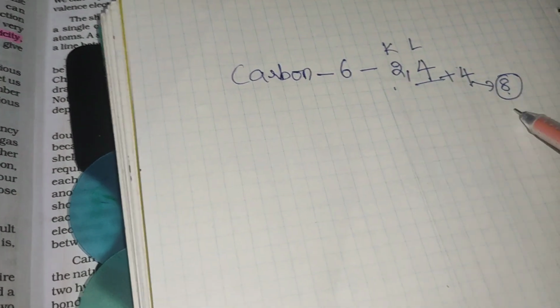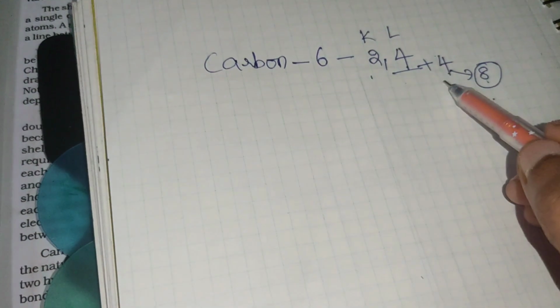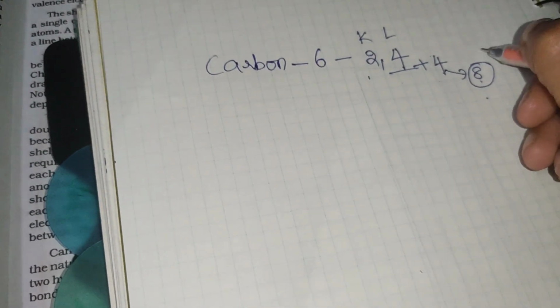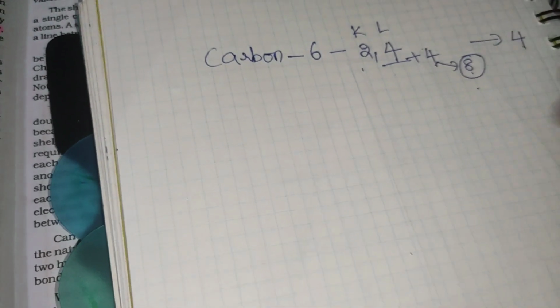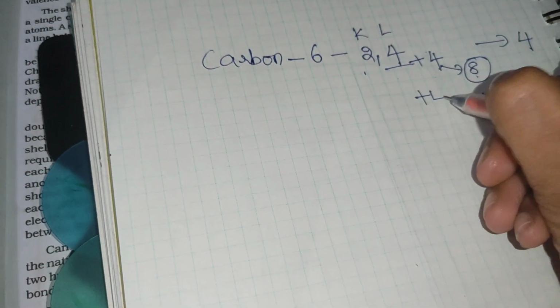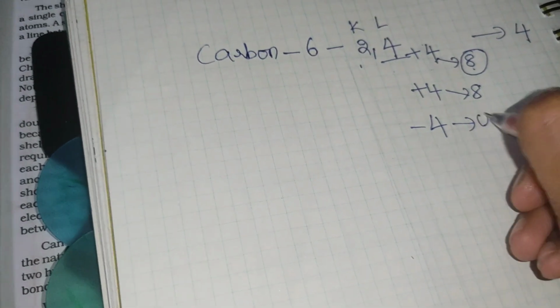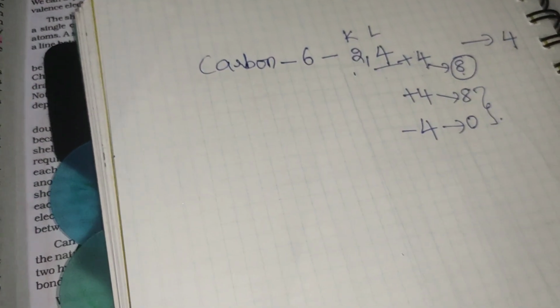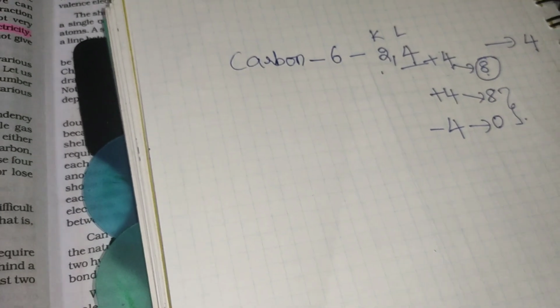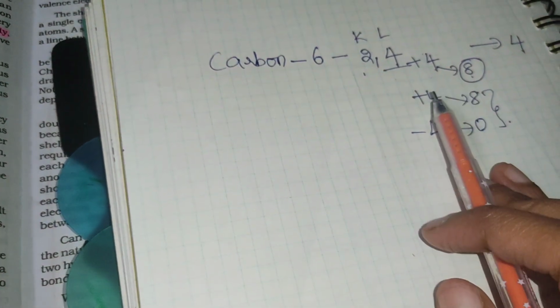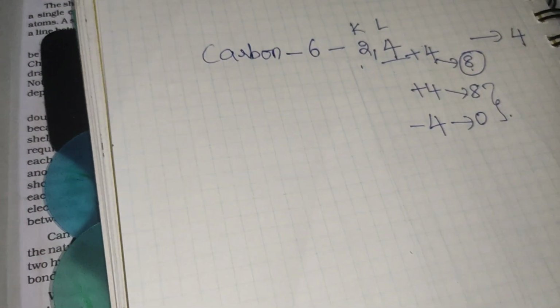We know what an octet is: 8 electrons in the outermost shell. To obtain an octet, it needs 4 more electrons, so its valency is 4. It may gain 4 to become 8, or lose 4 to become 0. These two are the stable structures. So the valency is 4 whether it loses or gains.